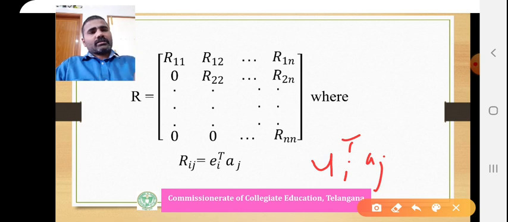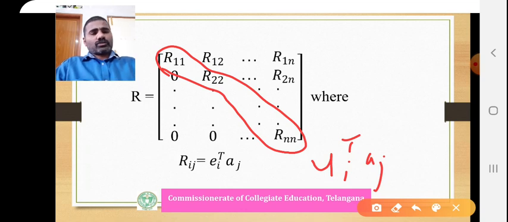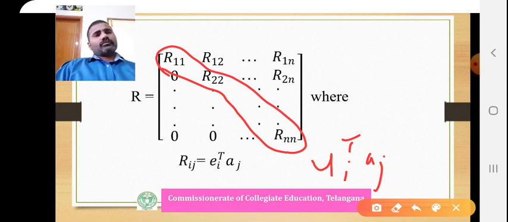And each of R11, R22, Rnn are positive and non-zero. They are not negatives, only positives. It is an invertible matrix now.